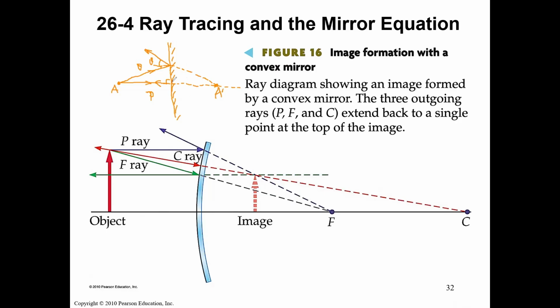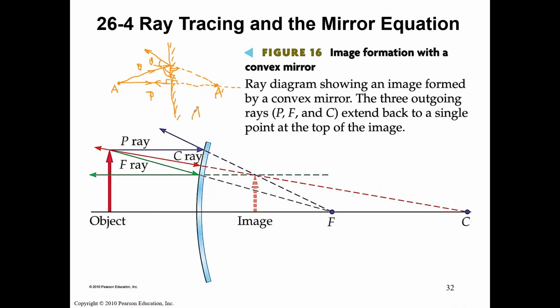Now, just like what we talked about last time, you can find out that this angle is the same as this angle. We also have two right angles and a shared side.